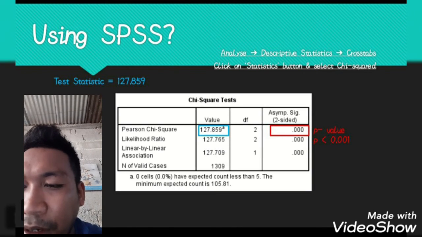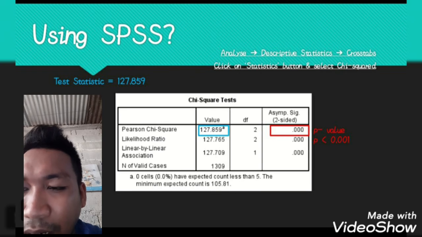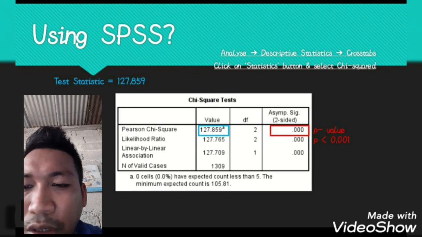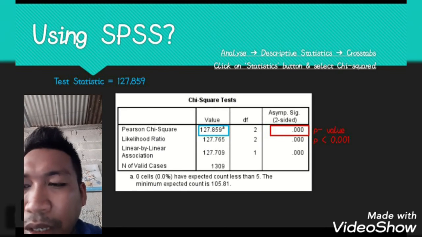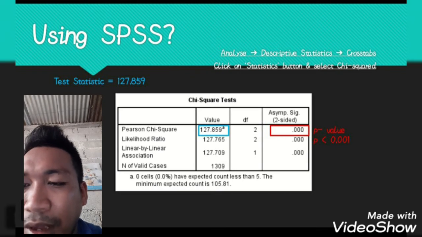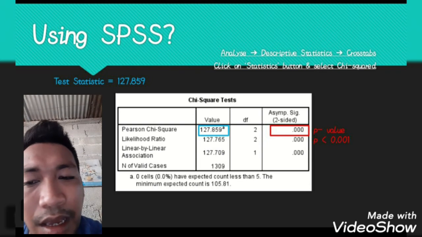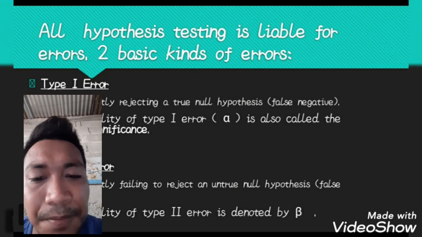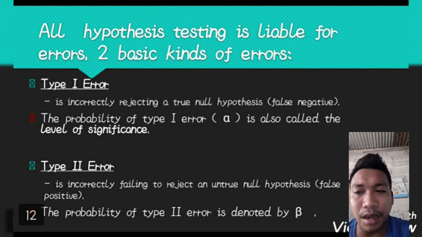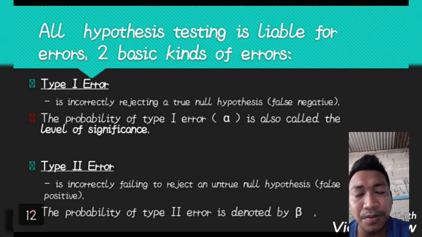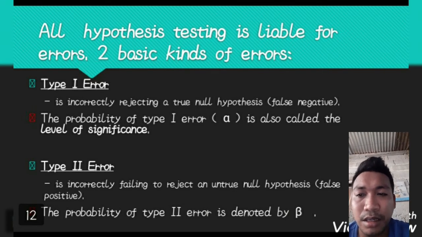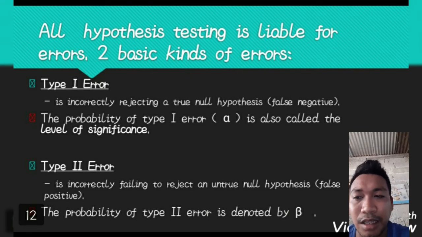In the example, the test statistic that is being used to identify whether the null hypothesis is accepted or rejected is 127.859.